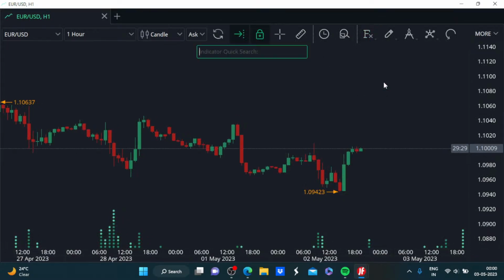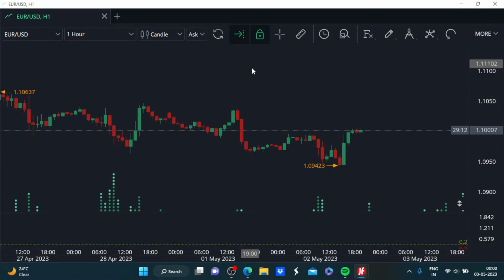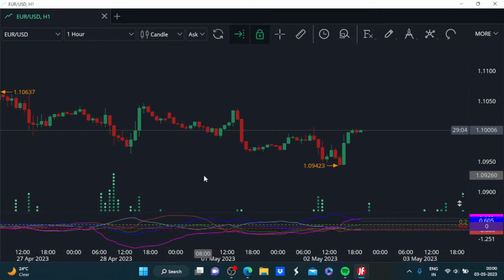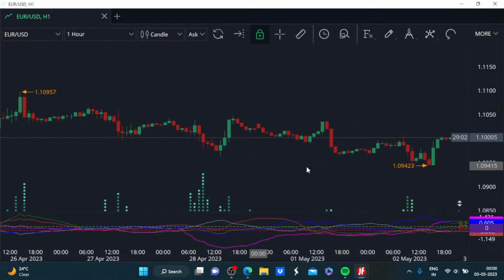Let me add this indicator, CSS, Currency Slope Strength. Here it comes. It's taking some time to load. All right, we now got it.